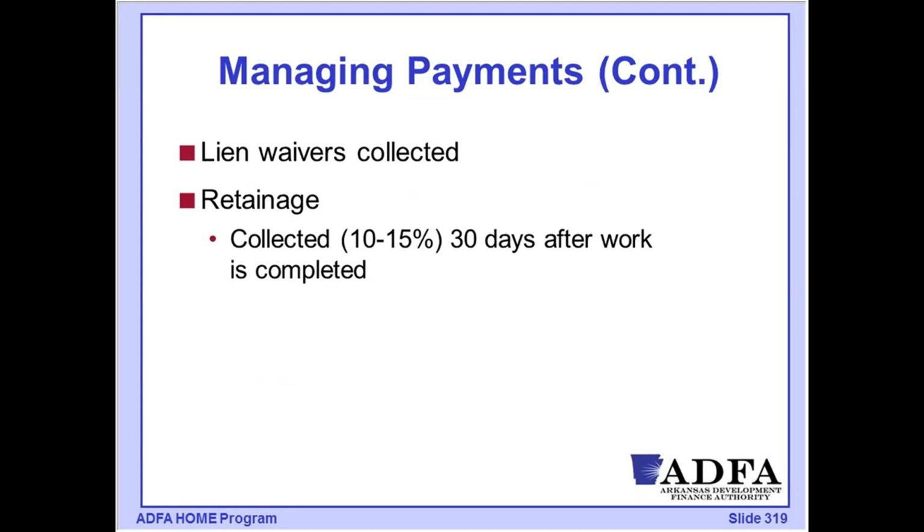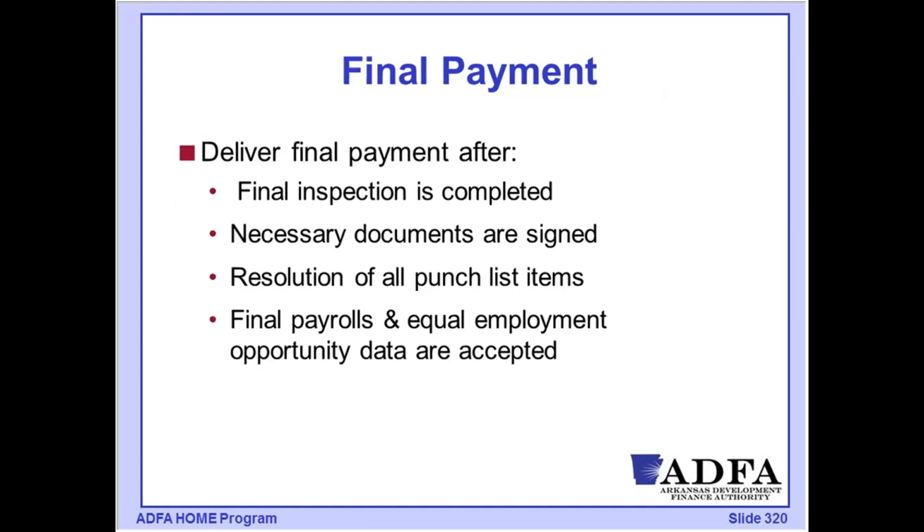The reason you're holding retainage: getting a contractor to come back to a project site and deal with punch list items, deal with quality issues during that construction period, the biggest incentive is that you've still got some of their money. And so retainage is going to be held on projects until that job has been completed, all those punch list items have been addressed, and only then will that retainage be allowed.